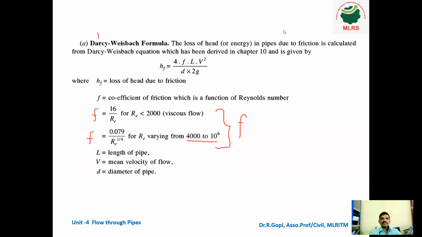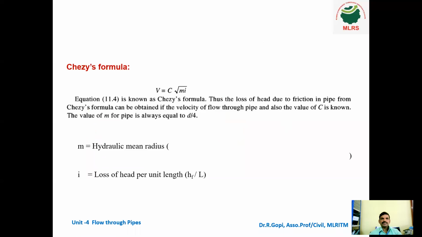Okay, students, now come to Chezy's formula. V is equal to C root mi. This is the Chezy's formula. V is the velocity and C is the Chezy's constant, not coefficient, it is a constant. And m is the hydraulic mean radius. What is meant by hydraulic mean radius?